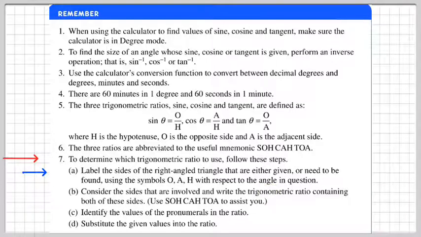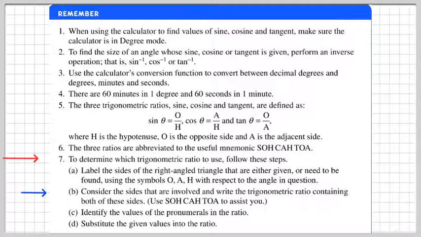That's pretty important. Consider the sides that are involved and write the trig ratio containing both of those sides, with that angle as well. Use SO, CA, TOA to assist you.